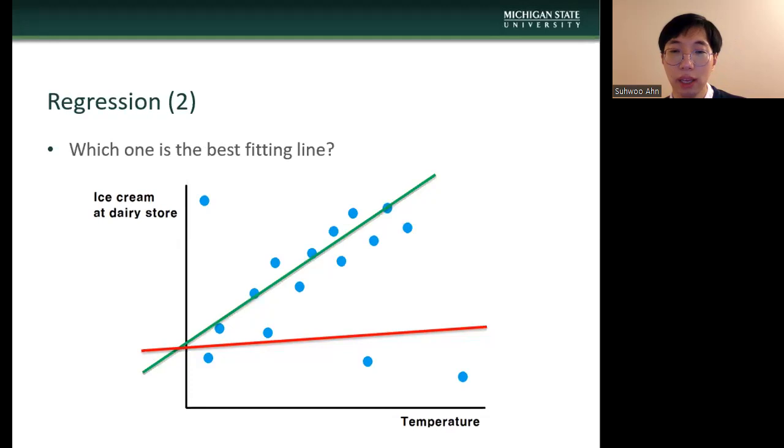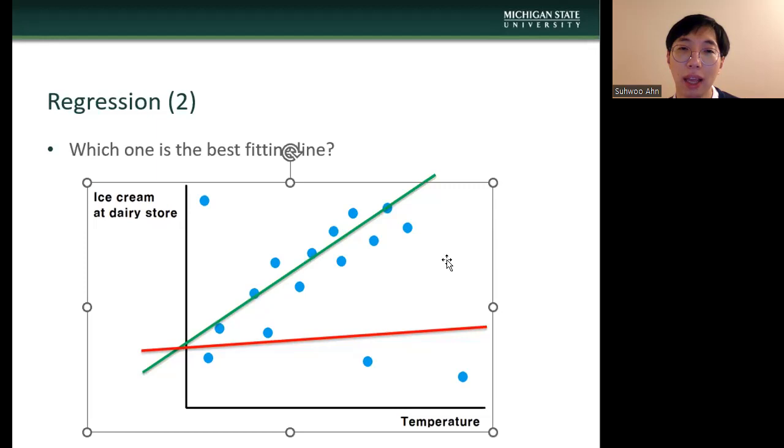Maybe the answer is the green one, because the green one is the best fitting line. The green one shows that as temperature increases, people are more likely to eat ice cream. So the green line is the best fitting line and best represents the relationship between temperature and buying ice cream.